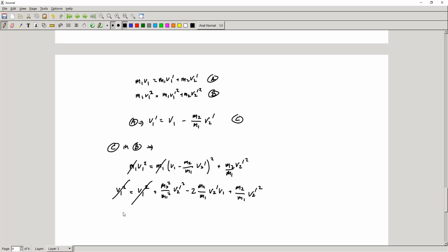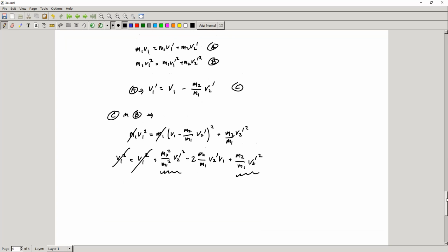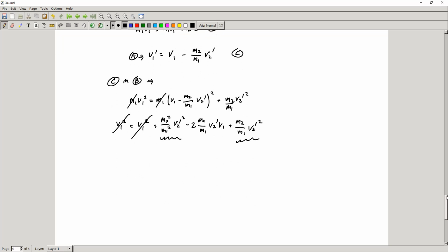We can see that we have two terms that go like V2 prime squared, this term and this term. We have 0 left on the left hand side, so I can clean this up and group it up like this.